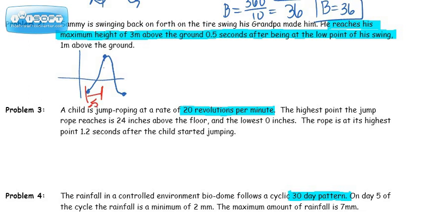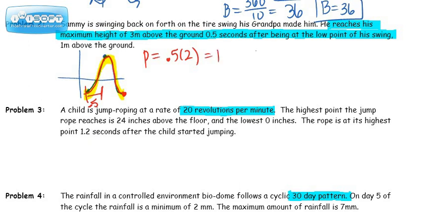So what that means is that to do 1 full cycle, and it doesn't matter where he's starting, this is just what the problem gave us, that we knew his lowest and his maximum point, is that the period is going to equal 0.5 times 2, because 0.5 was from lowest to maximum, and then I need to finish it, or double it. So my period is going to equal 1.